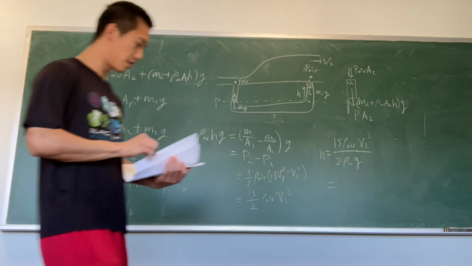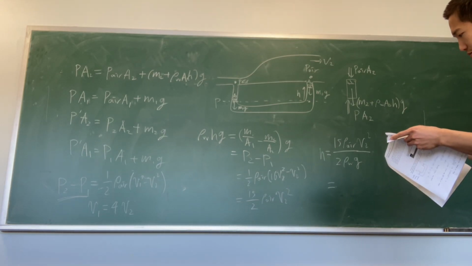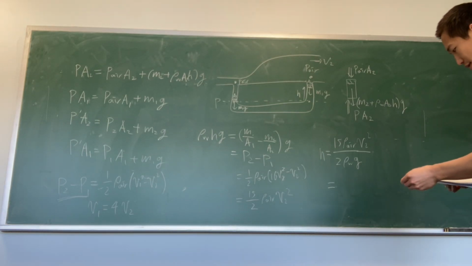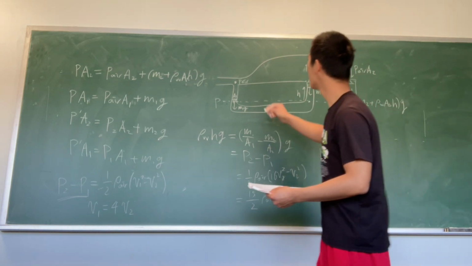So the number I gave you is the speed at the left side of the air pipe is 30.